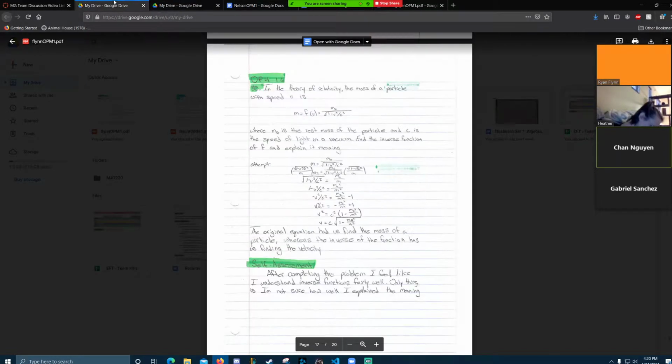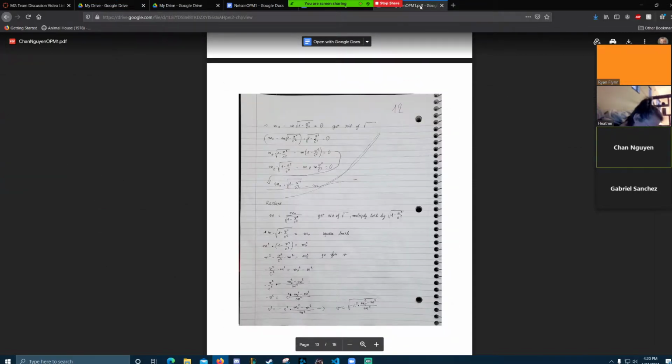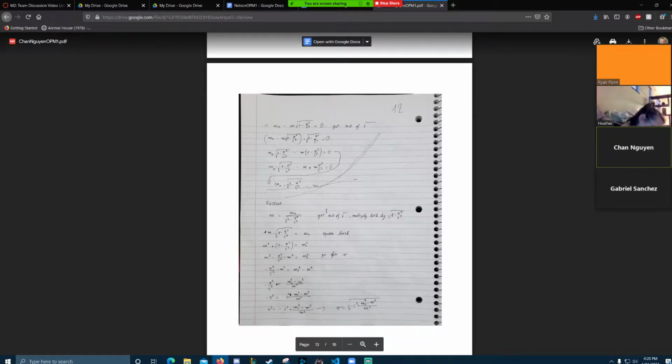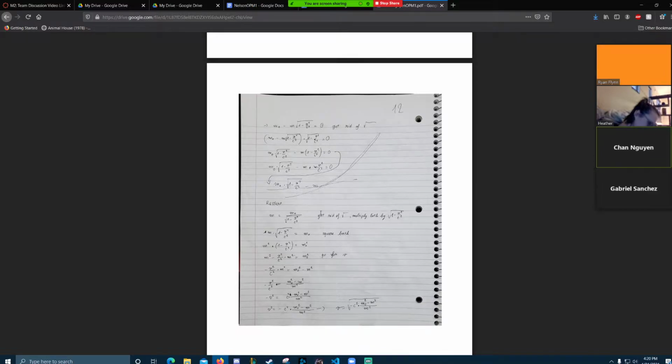Mine here was c times, and yours was different. Yeah, so you were pretty close. It looks like you just had c squared on the inside of the square root. To get rid of the square root, multiply both sides.